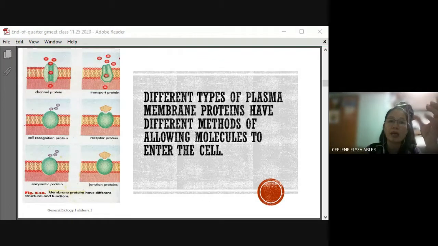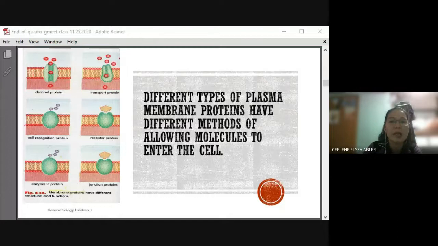They are like an entry point, a gate for substances that are hydrophilic in nature, polar substances, or too large molecules. They are let in using transport proteins.